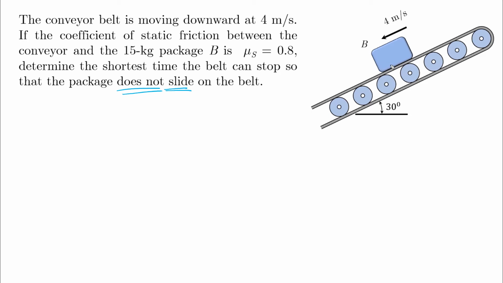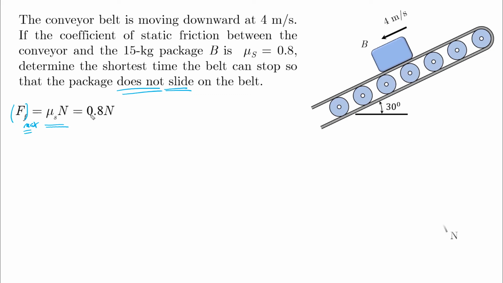He is just saying, please use the shortest time such that this package will not slip on the belt. And by saying that, he just mentioned indirectly, please use the friction force as μs times N, or the maximum static friction. And by doing that, everything else is straightforward.